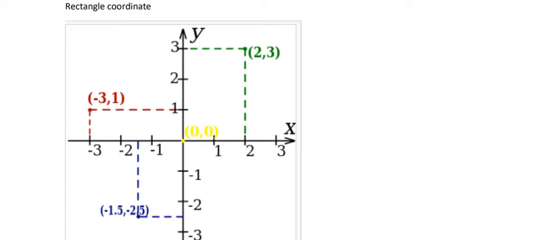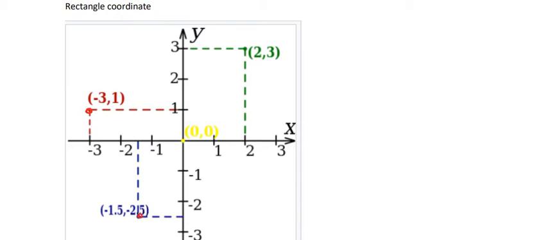For this one, x is negative 3, y is 1. And this point, x is negative 1.5, y is negative 1.5. Okay?